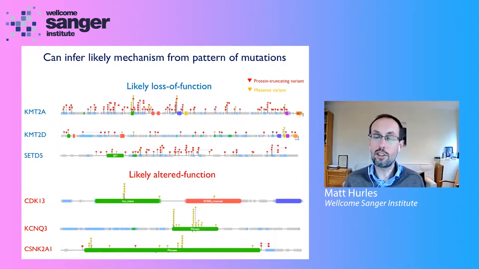And the second is that these patterns probably reflect different mechanisms by which these diseases are occurring. In the top blue genes, this mechanism is probably loss of function, so the functional copy of this gene is being destroyed. And in the bottom panel with the red genes, the function is being altered by specific changes to specific regions of the protein, such that the protein is now doing a subtly different role.